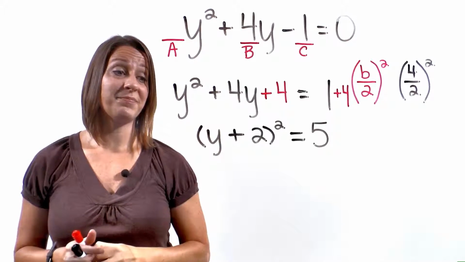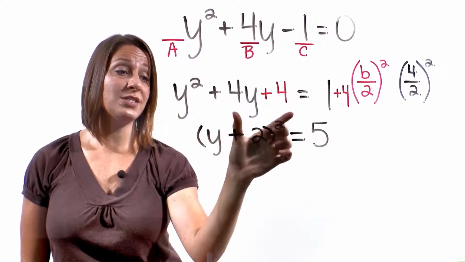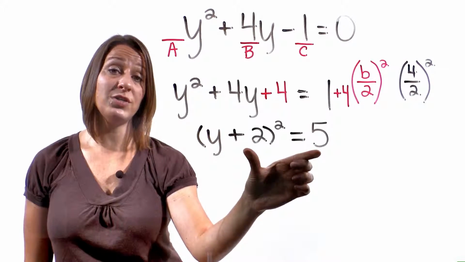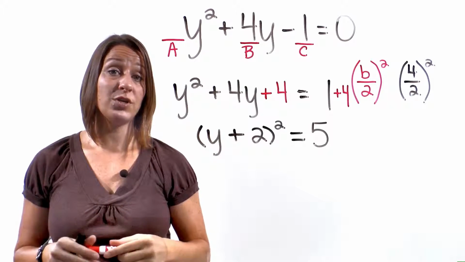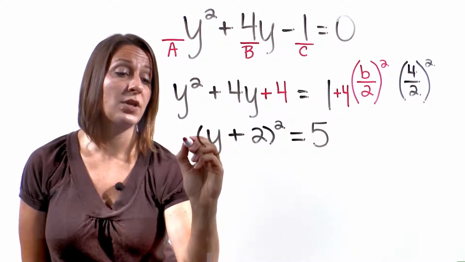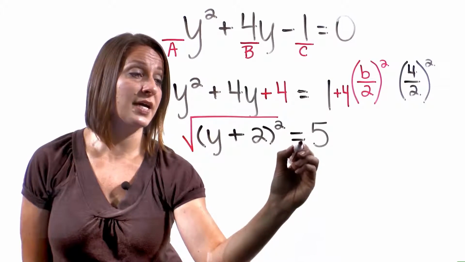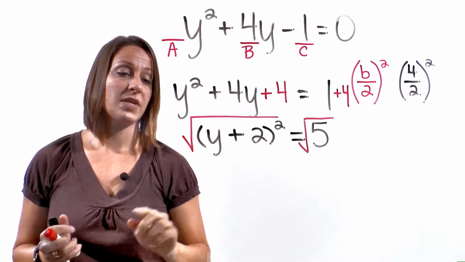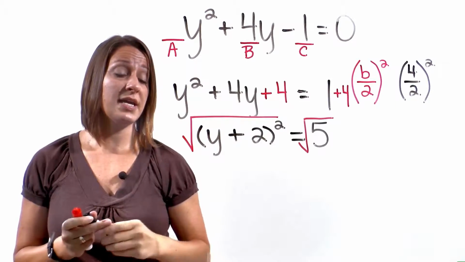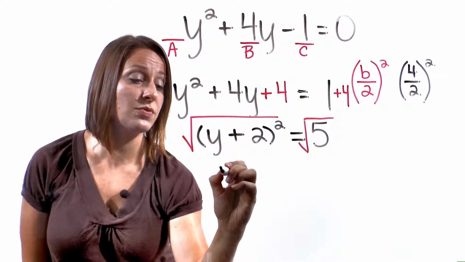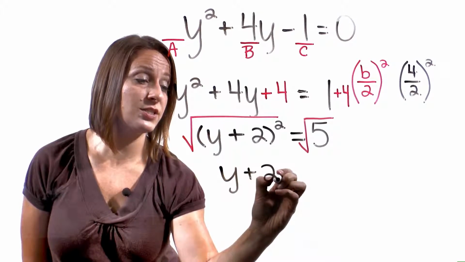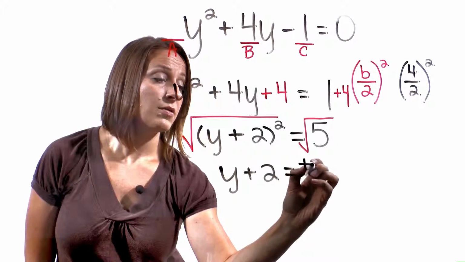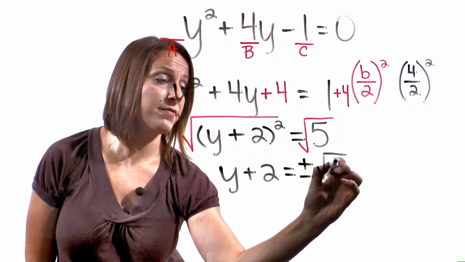We're almost done. Now that we've completed the square and factored it, it looks a lot like a problem where we use the square root property. So that's what we're going to do to finish the problem. We'll take the square root of both sides. The square root symbol cancels with the exponent of 2, leaving y plus 2 equals plus or minus square root of 5.